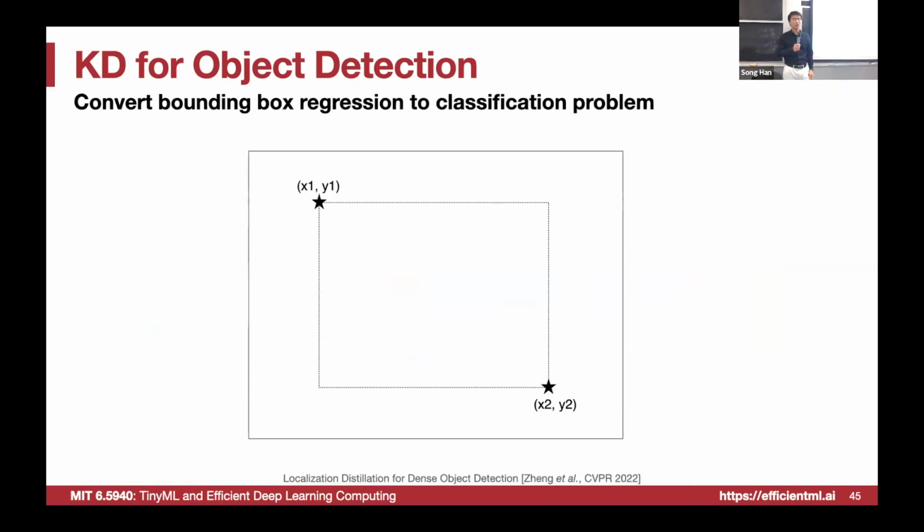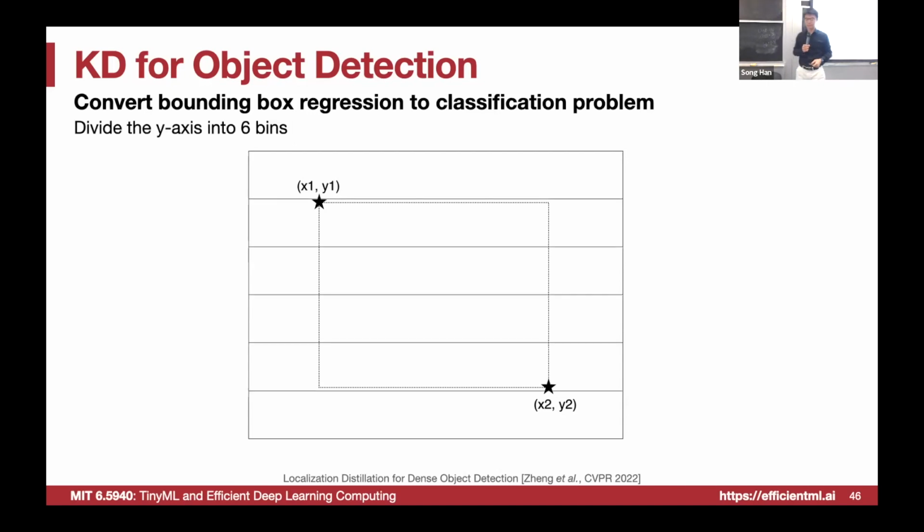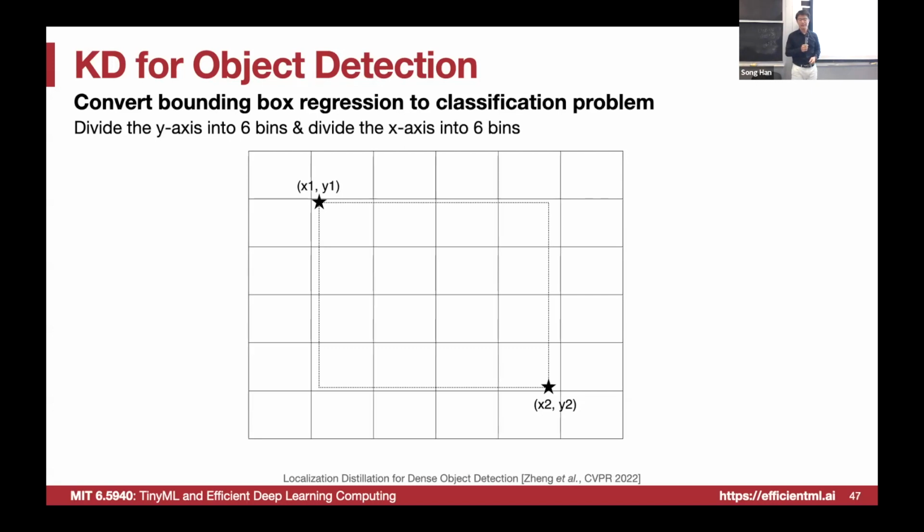Another issue is how do we convert this regression problem into a classification problem? When we are doing detection, we want to have the bounding box for the object, which includes 4 real numbers, x1, y1, and also x2, y2. We can turn it into a classification problem by discretizing both the x and y dimension.